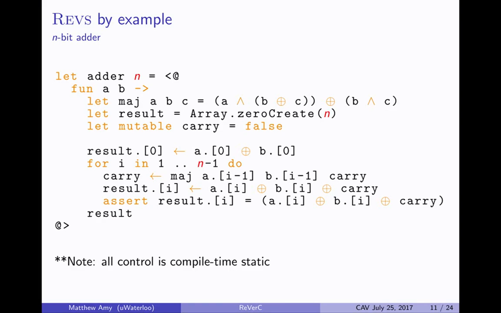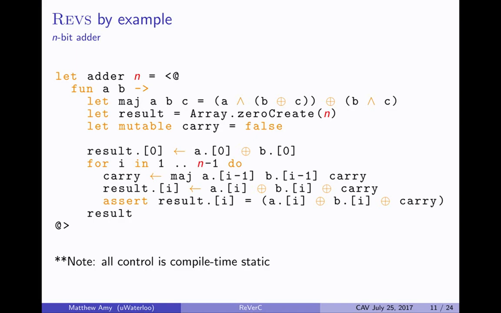This is an example of a Revs program, which is our source language. It's basically an F# metaprogram that returns a quotation, and we use this so that we can generate different size circuits effectively. It has standard things like functions, Boolean expressions, assignments.